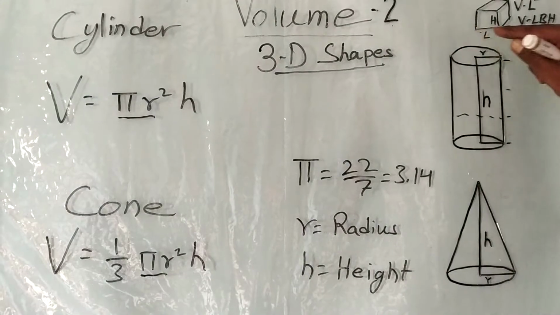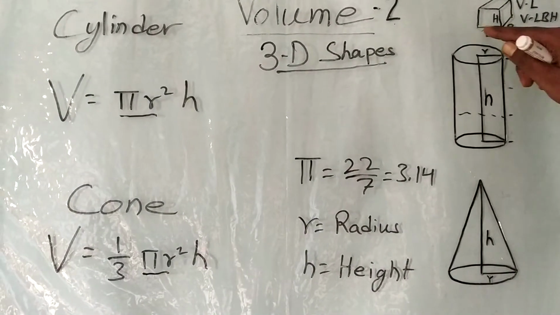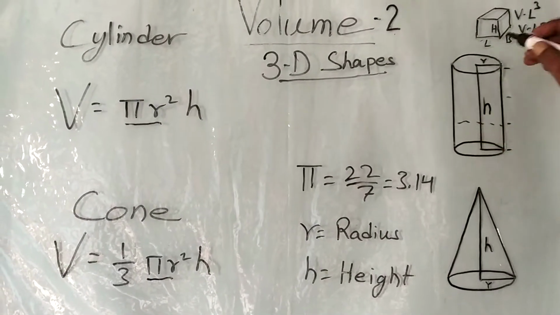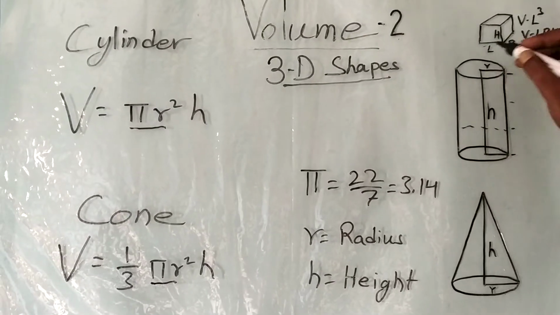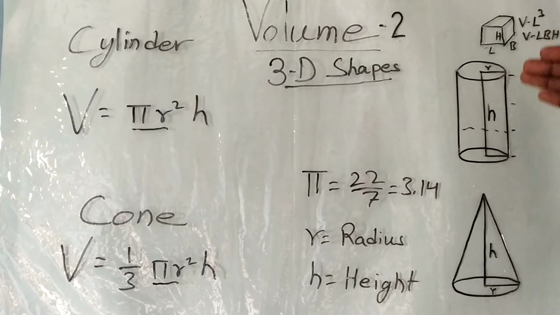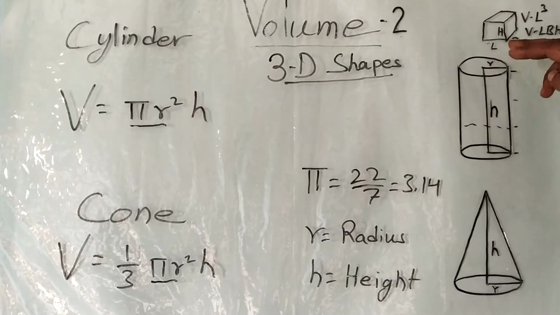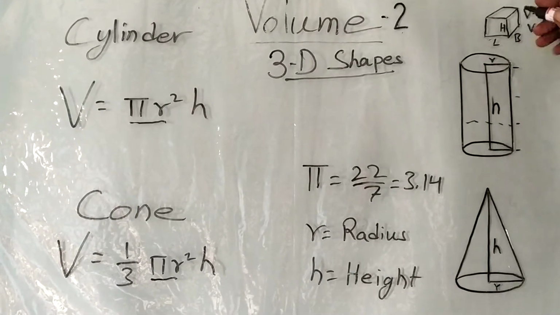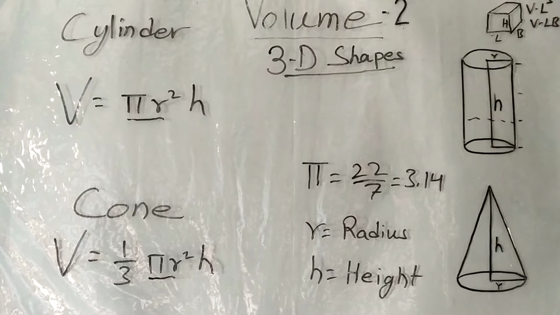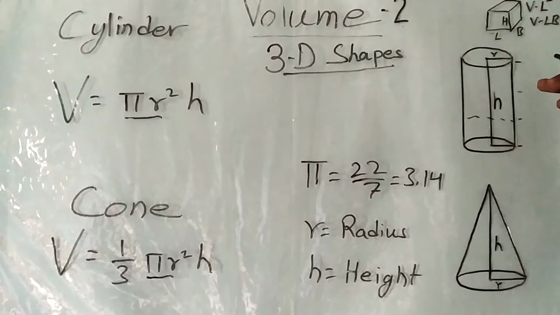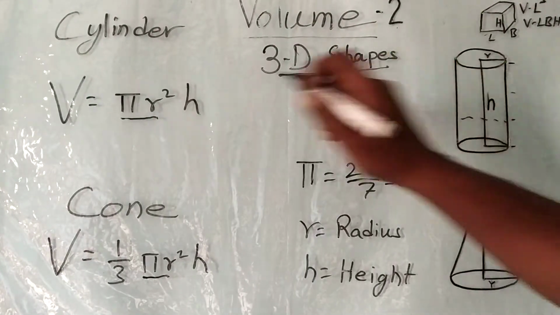Suppose this is the L and B is the base, which is rectangle in shape. If we find the area of the rectangle and multiply it by the height, then it will become the volume. The same criteria is applied for finding the volume of cylinder also.